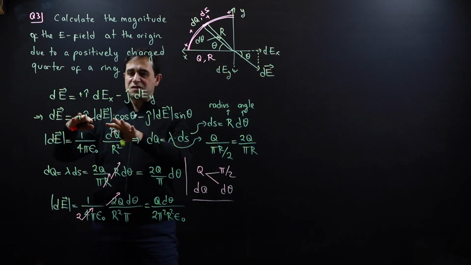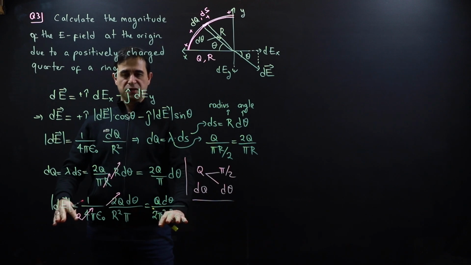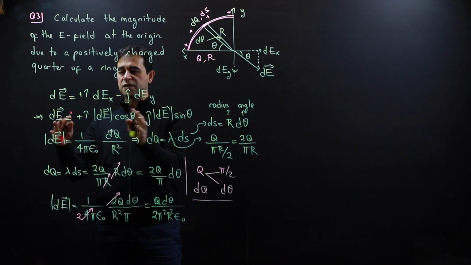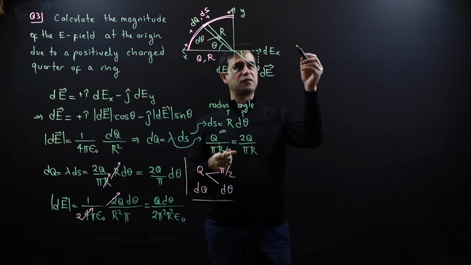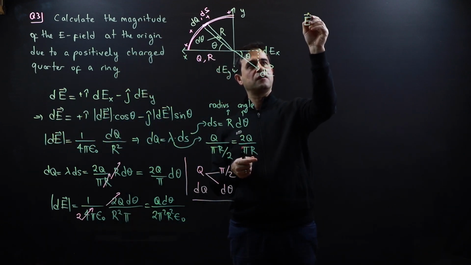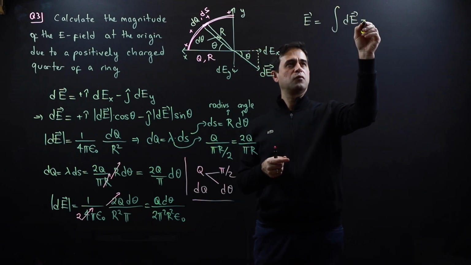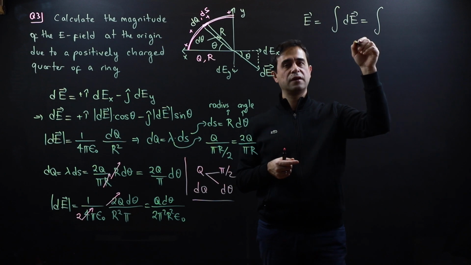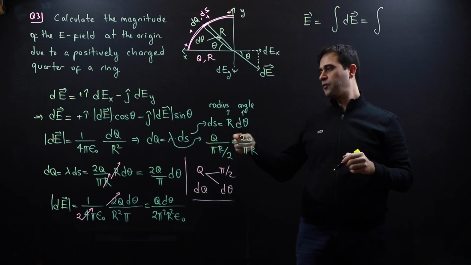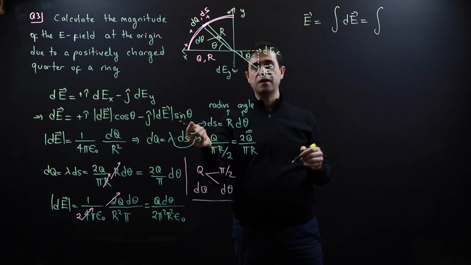So this is dE. I already wrote that in terms of things that I know. And now there's cosine and sine, and this is dE. What I'm going to do is E is equal to the integral of dE, which is nothing but the x component and y component, this one and that one.